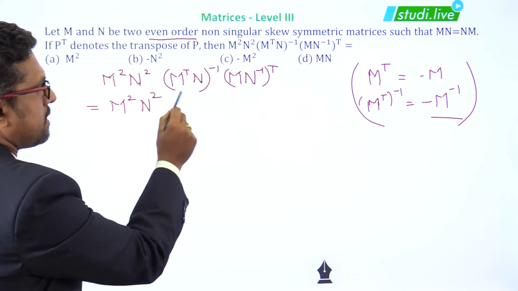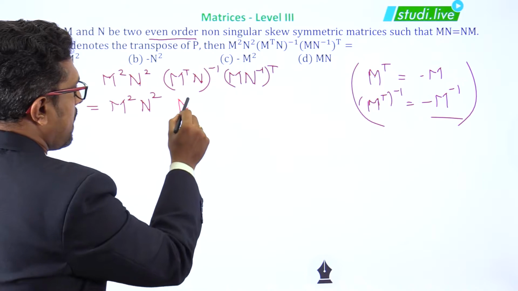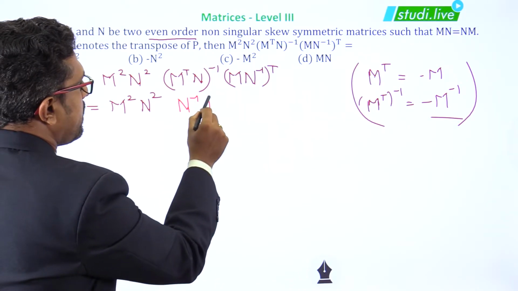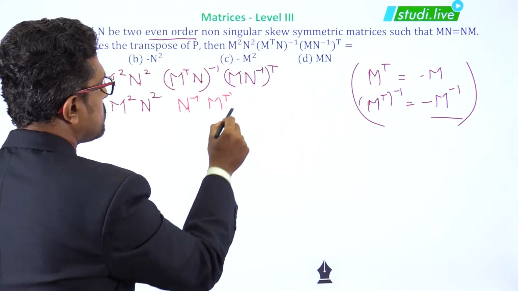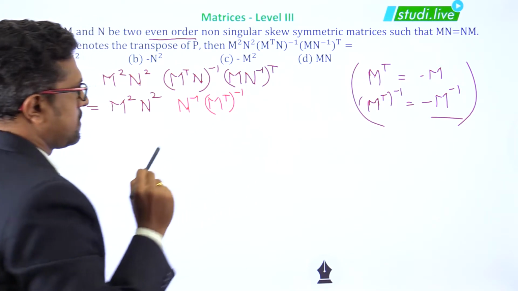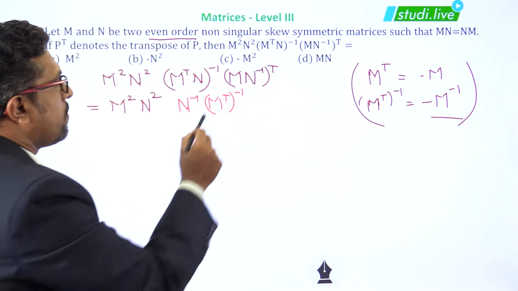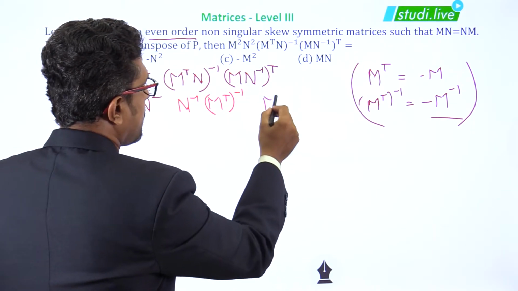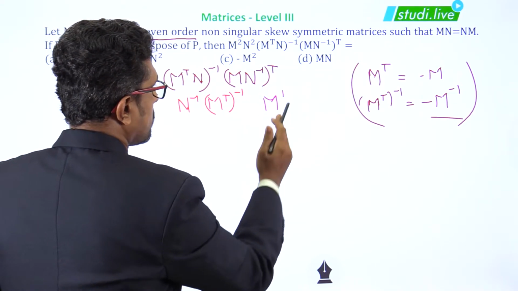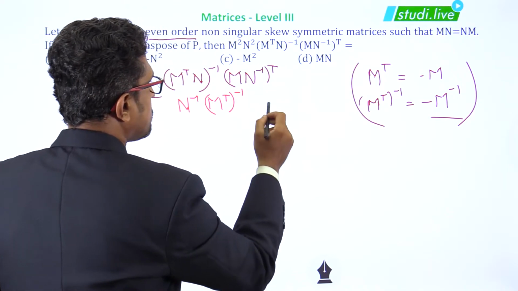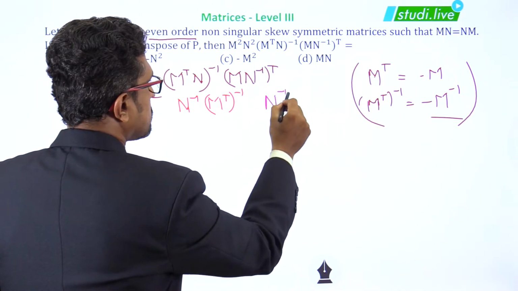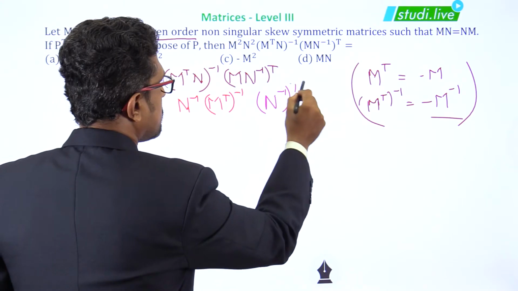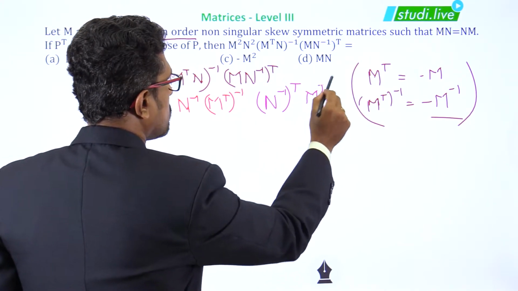So I just applied the inverse over here. So this will become N inverse into M transpose its inverse. Over here also we will apply this. So we will get N inverse its transpose first and M transpose over here.